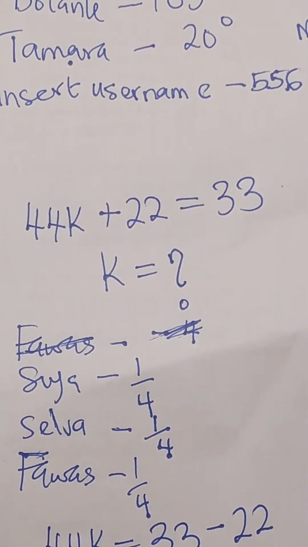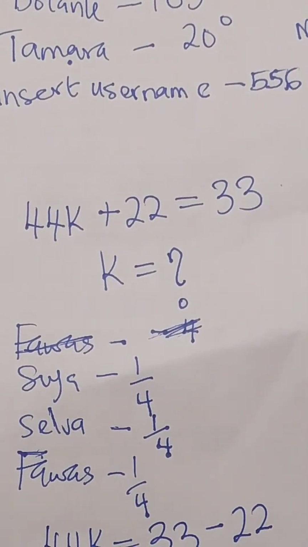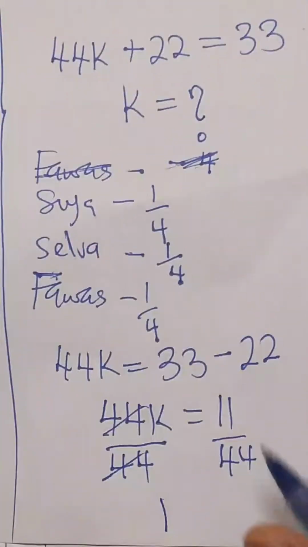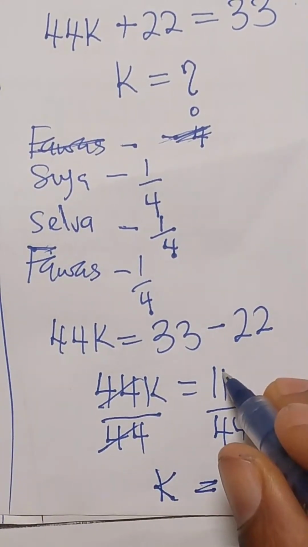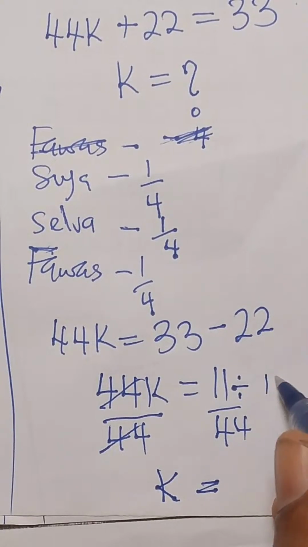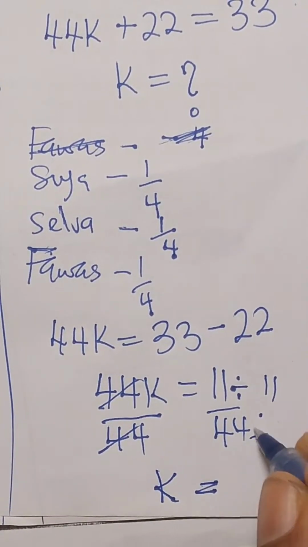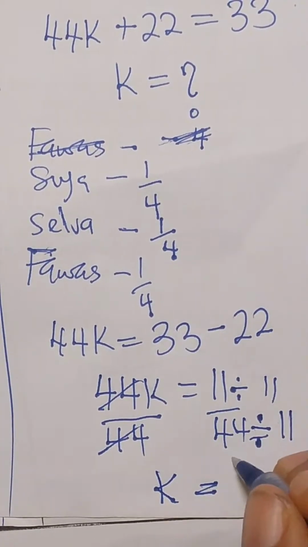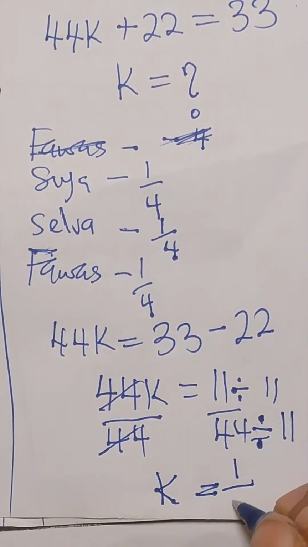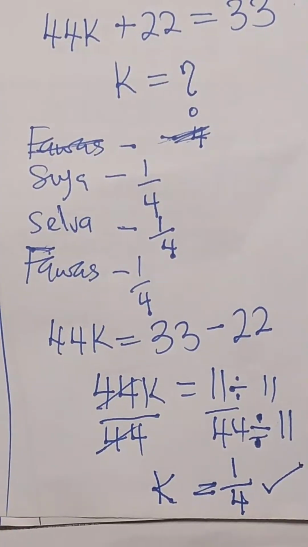Divide both sides by 4. 4 will cancel here, and we have k. K is equal to 11 over 4. So the answer is 11/4.